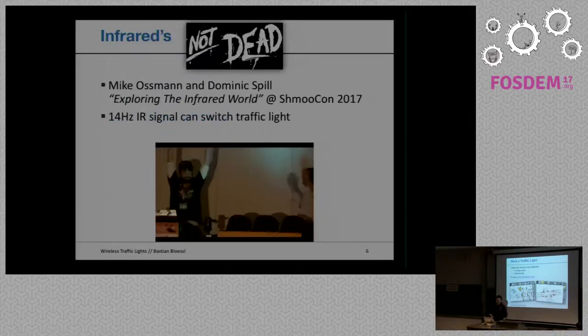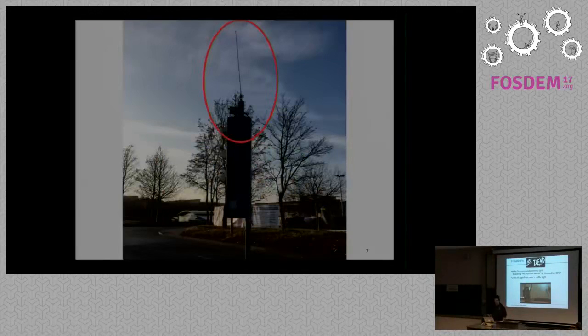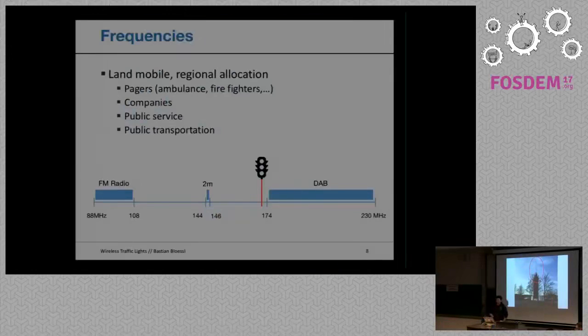So this was covered in the news last year. And just very recently, Mike Ossmann and Dominic Spill, they triggered some traffic lights with infrared. So today we want to look at this big antenna, and as you might guess, that doesn't look like GSM. So for the GSM uplink, they maybe didn't put this on the traffic light.